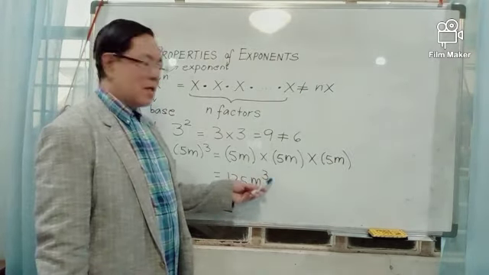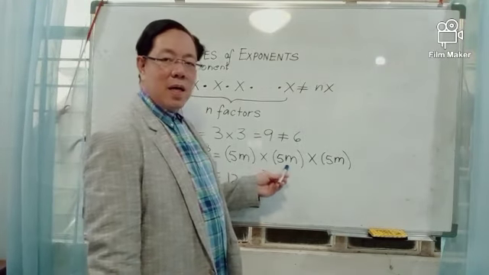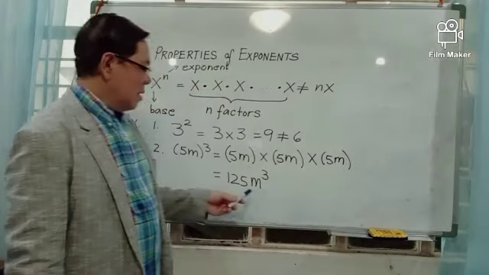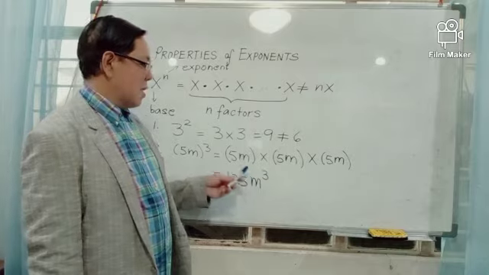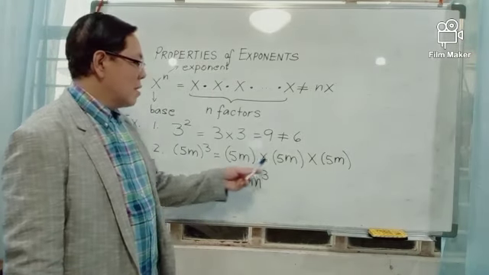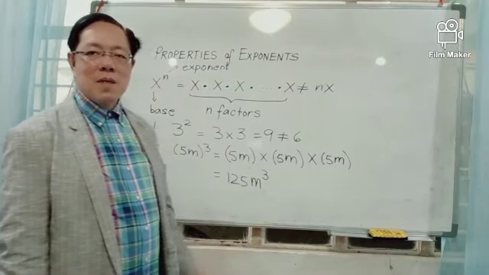M to the power 3 is equal to the product of m by m by m, or m to the power 3 means you multiply m by itself 3 times. Thus m by m by m equals m to the power 3.